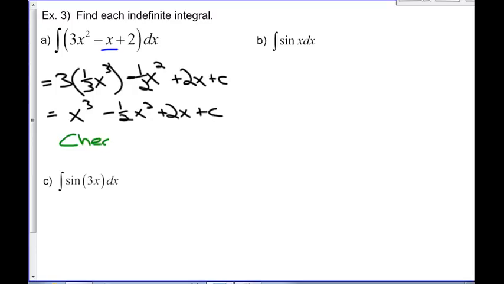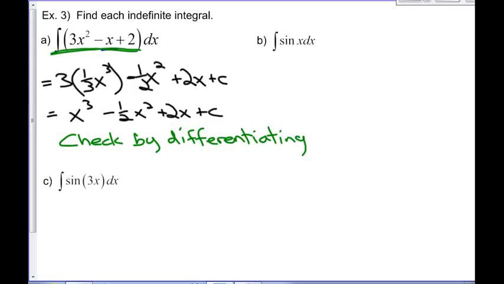Check by differentiating on some scrap paper. Does this get you back to this statement up here? Okay, so what's it going to give us? I'm not going to write equals. I'll just write that it goes to 3x squared minus a half times 2x plus 2.